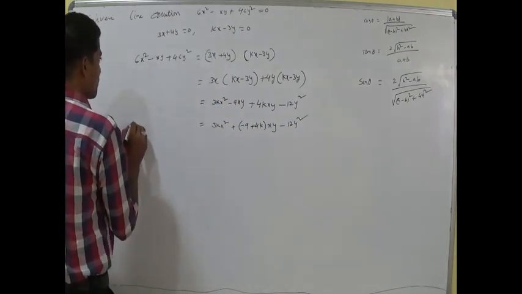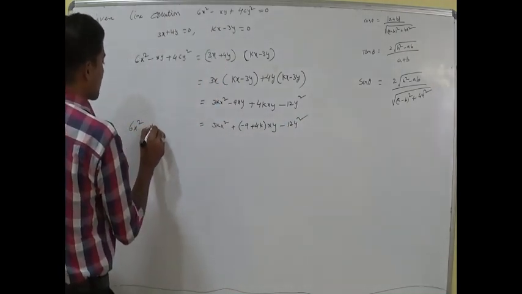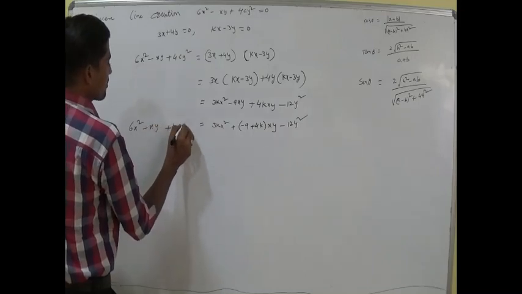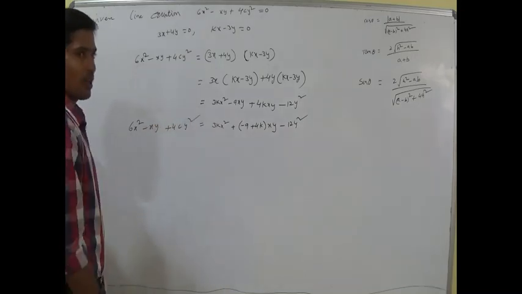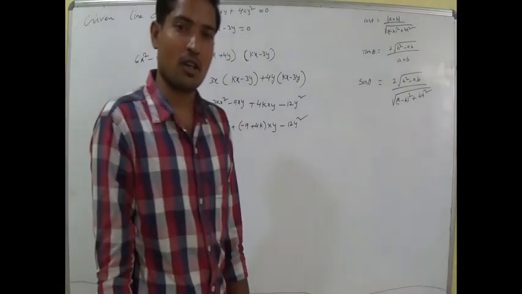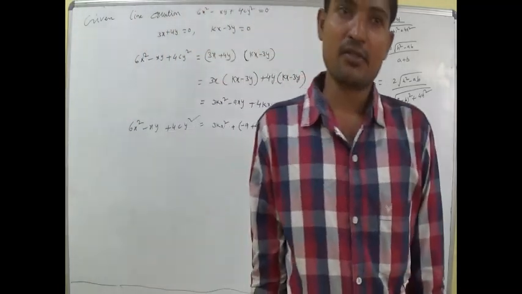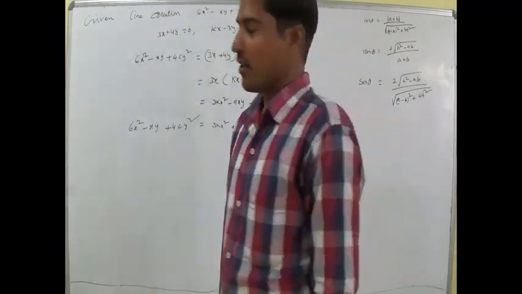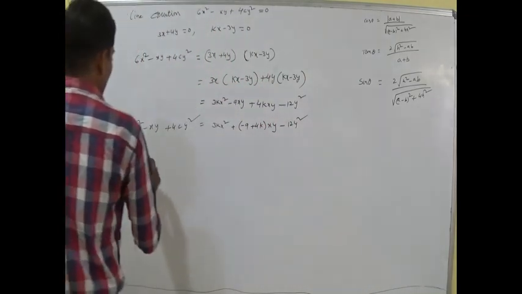This equals 6x square minus xy plus 4c y square. Now equating the coefficients of x square, xy and y square.